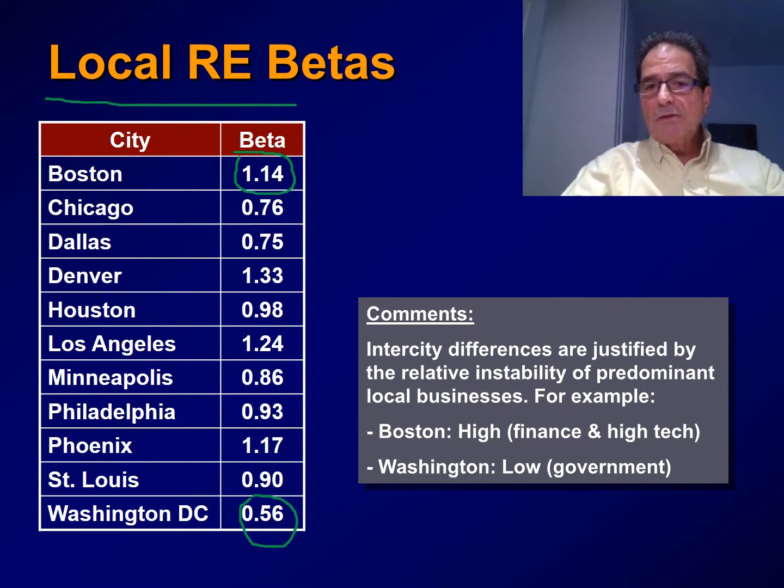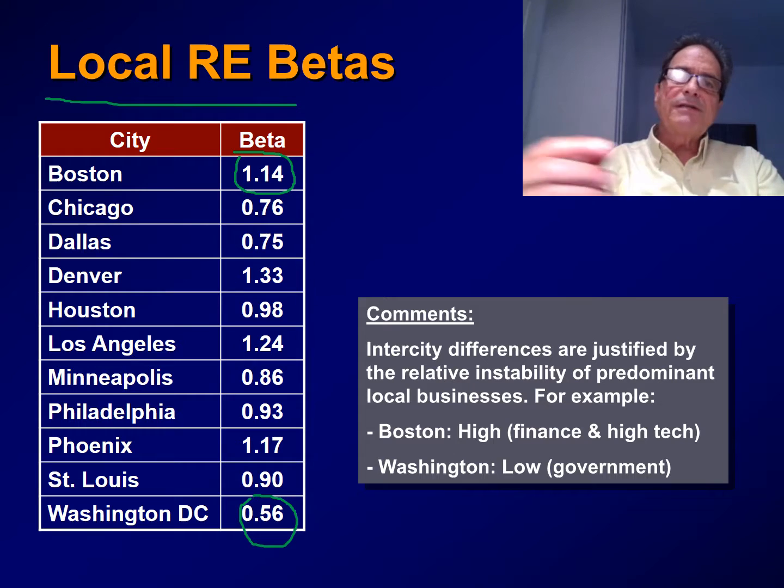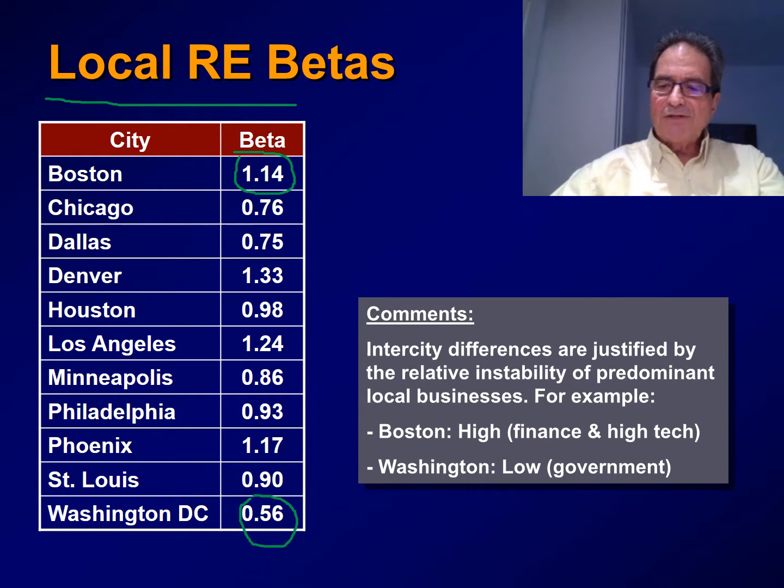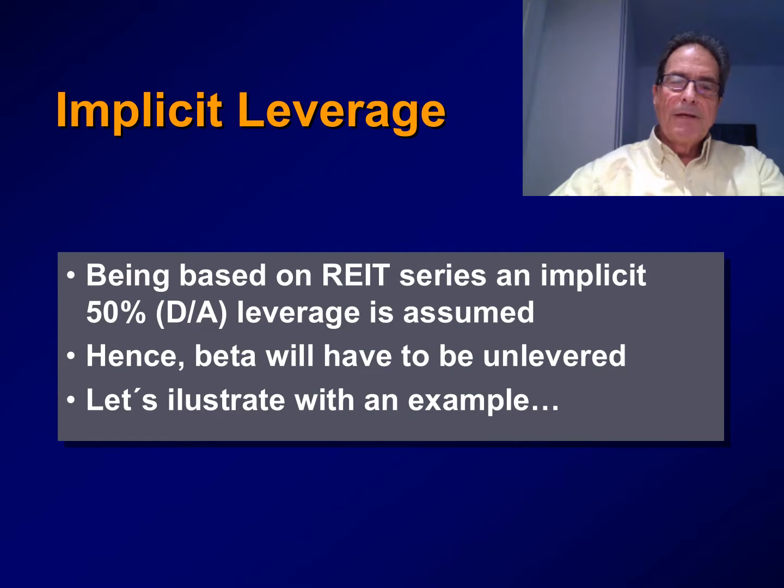In the case of Boston, the main business is finance and high tech, and these are intrinsically unstable businesses, whereas Washington depends primarily on government activities, and government is an activity which is very stable.